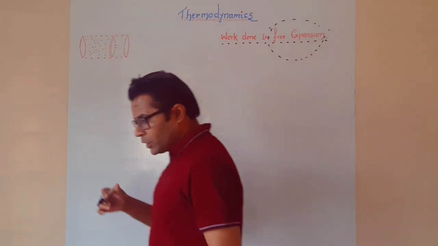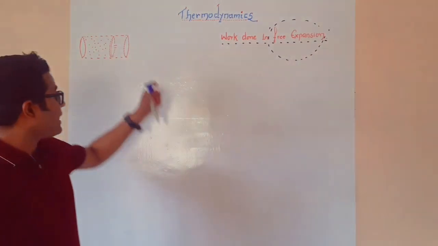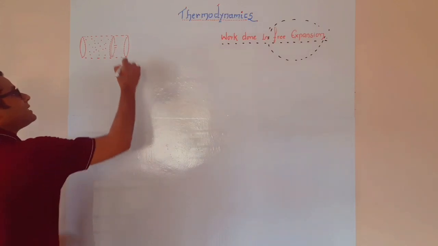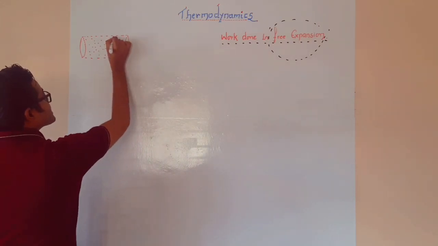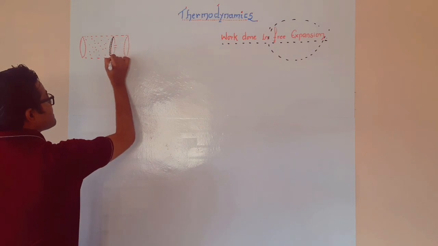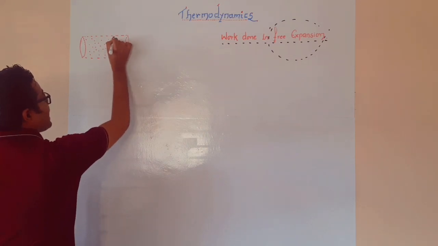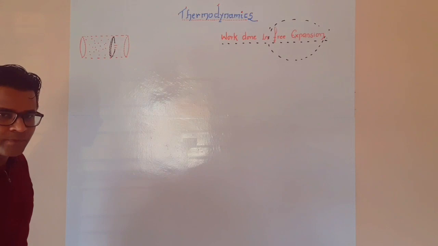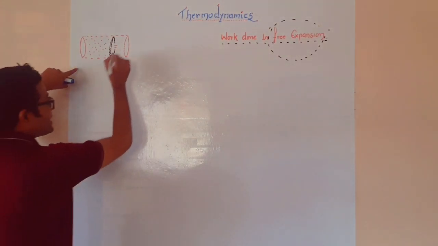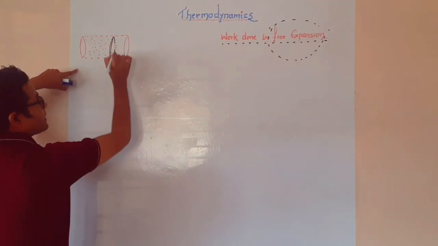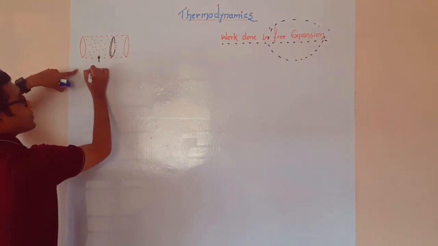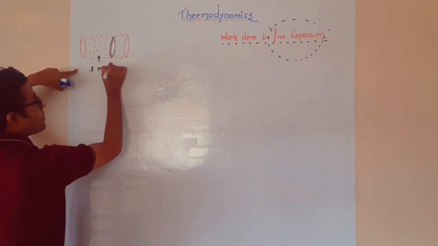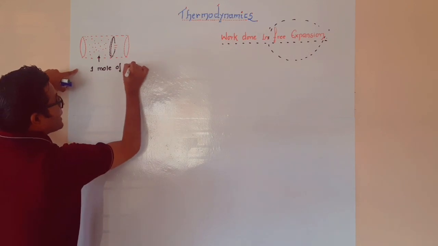Okay. Now, in order to understand that, let's say that we have a particular cylinder, and this cylinder is fitted with a piston. Let's say this is the piston that we are going to take, and we have set it over here. Let's take into consideration that it has 1 mole of ideal gas.